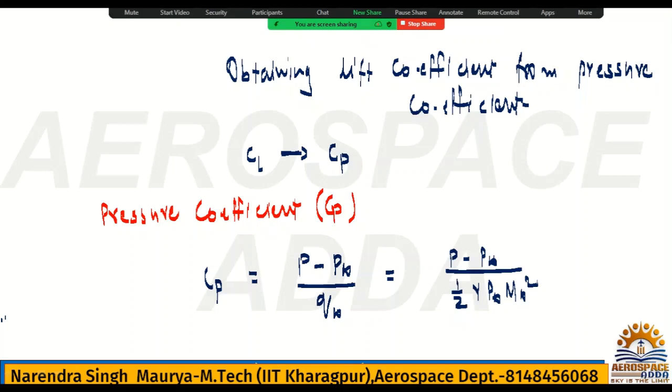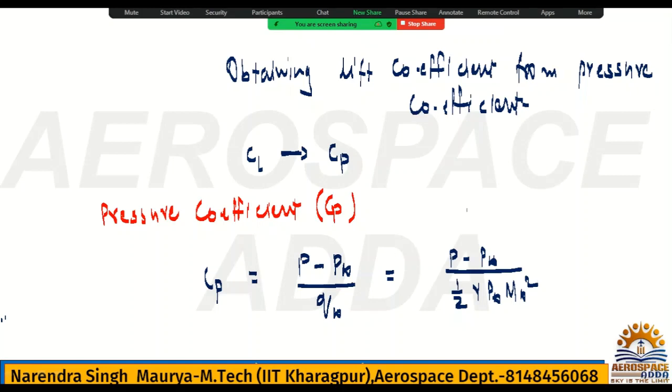So this pressure coefficient is basically the pressure distribution over the top surface of an airfoil or wing, and similarly below the top surface, which is nothing but the bottom surface, because pressure distribution will be there on both sides.